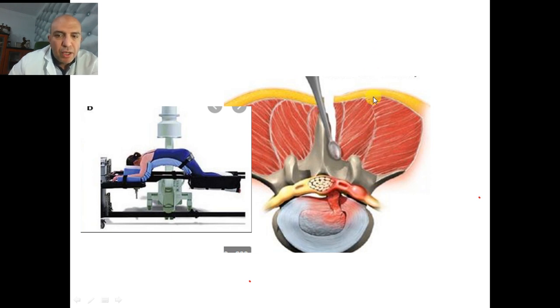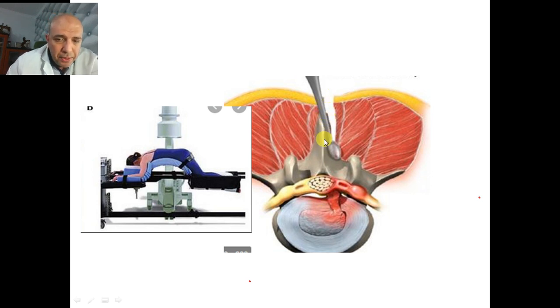So posterior midline incision is for the most common posterolateral or central part, and far lateral is done with Wiltse's approach or paramedian approach through the muscle. This is very rare. Posterior midline incision is the most common.